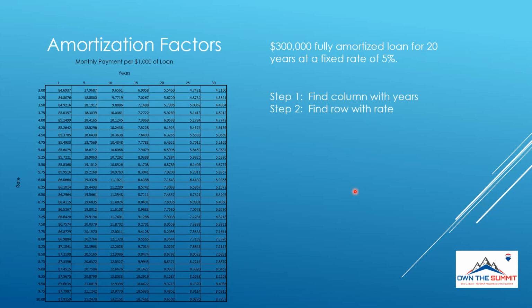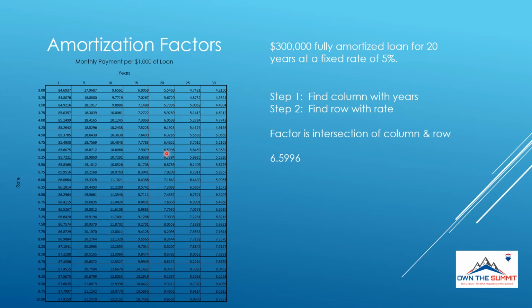Step one is to find out our amortization factor. So we go to the column with the years. Our years are 20, so we go to this column here, which is 20 years. And our rate is 5%. So we find the row that has 5%. And here it is right here. 6.5996.